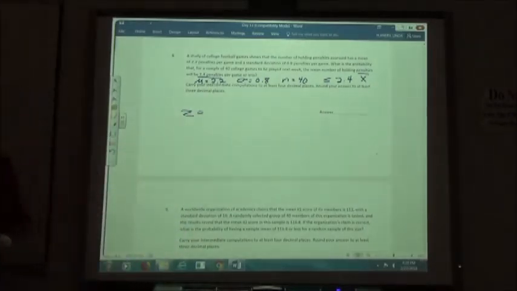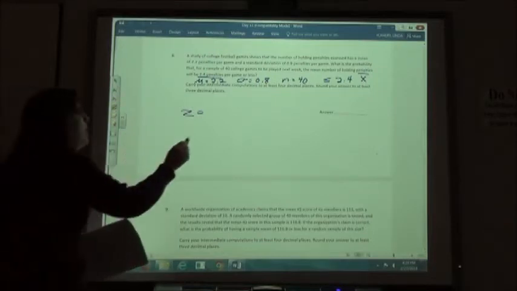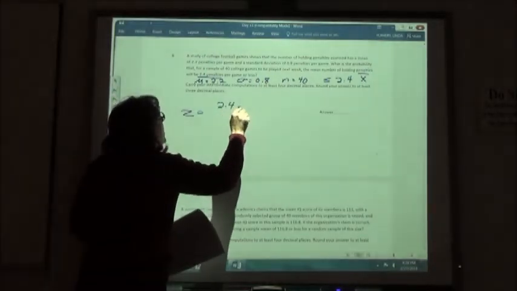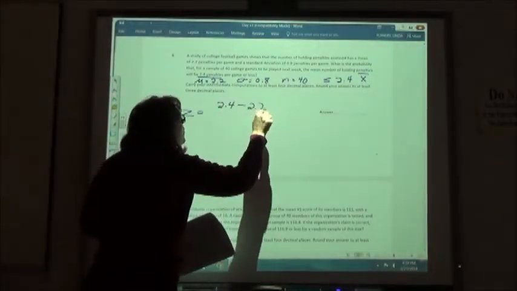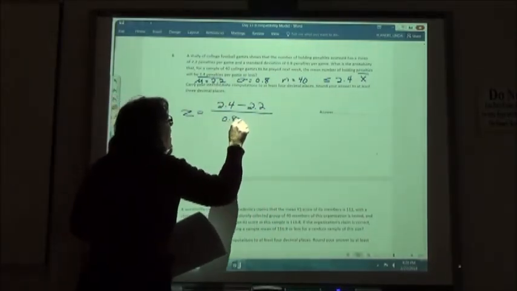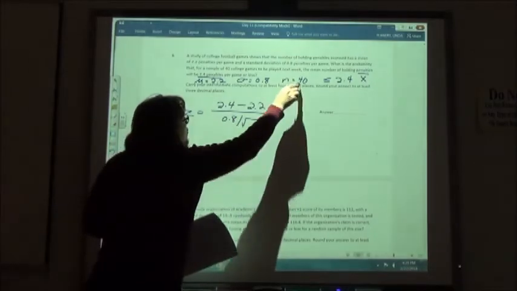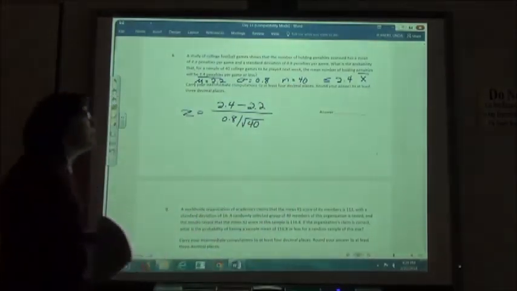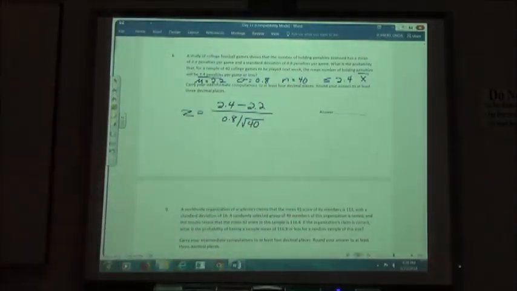So, to find that Z value that we're going to plug in, we are going to take our X bar, which is the 2.4, minus our mean, which is the 2.2, over the standard deviation, 0.8, divided by the square root of n, so square root of 40.